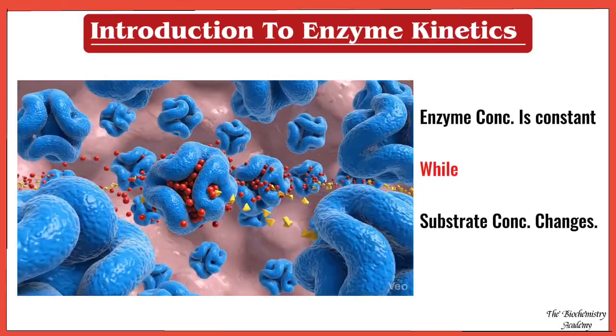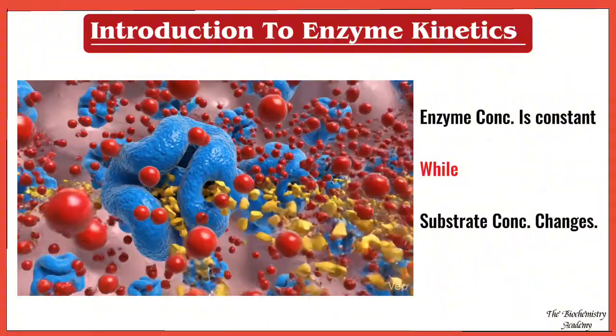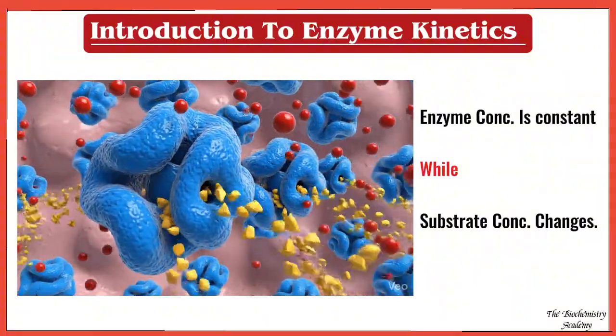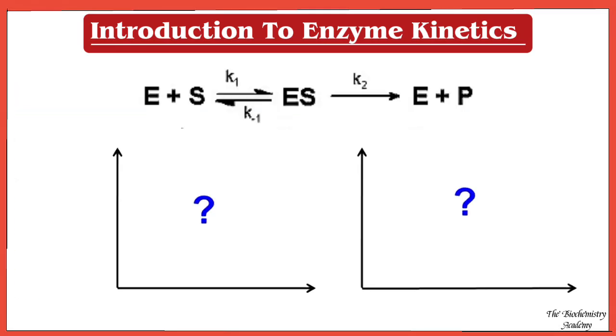Now, the study of enzyme kinetics becomes easy when we try to understand the reaction by plotting a graph. We are going to use the reaction E plus S, which gives us our enzyme-substrate complex, and then it is converted to the free enzyme and the product.